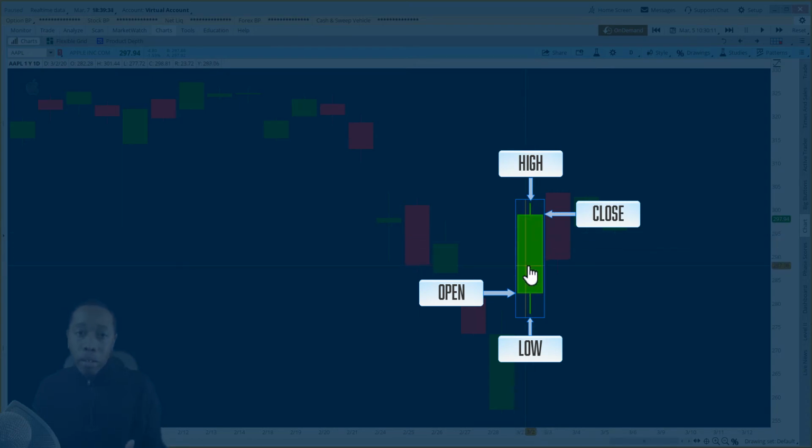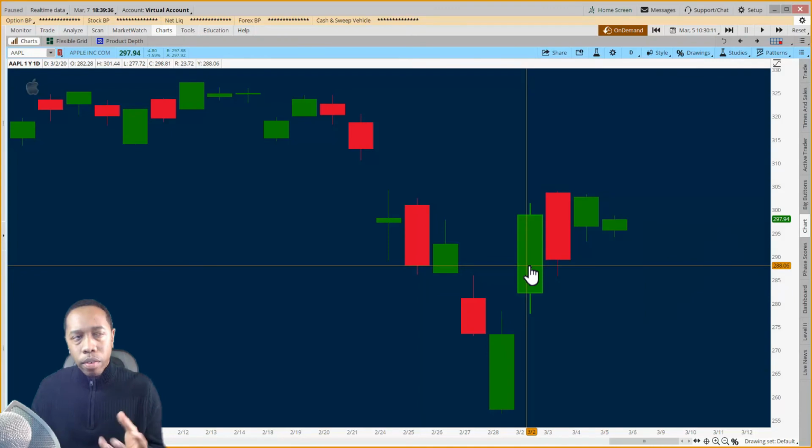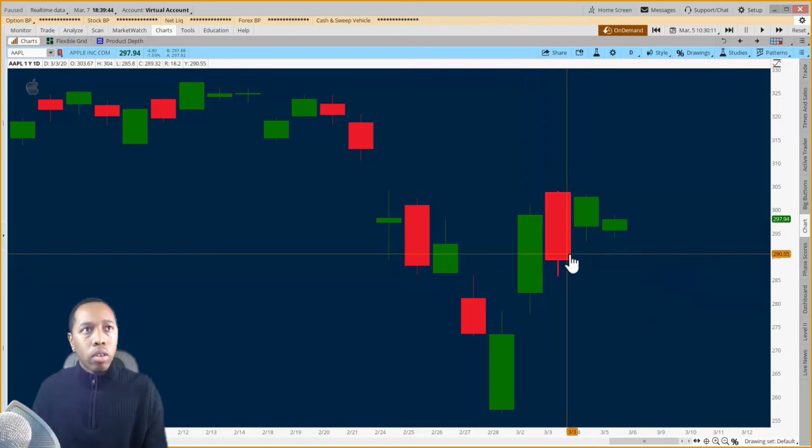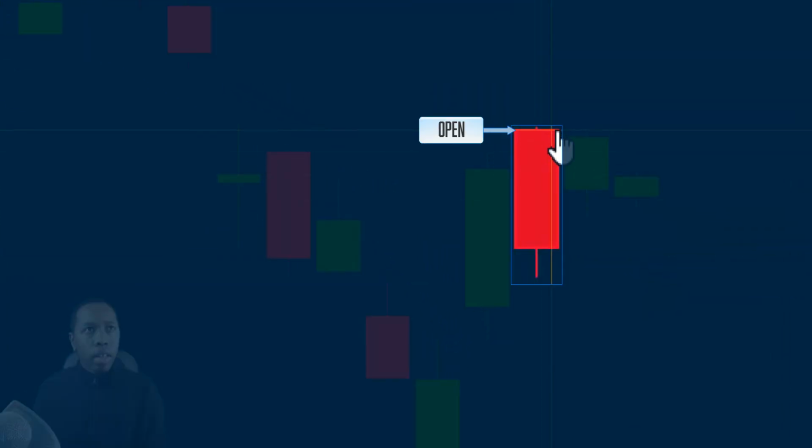On bearish candlesticks, it works a little differently. It works the opposite. Where the bullish candlesticks open is going to be the opposite on the bearish candlesticks. The bearish candlestick lets you know that this stock opened at the highest part of the body. It opened here, and then it went to its high right here at the top of the candlestick, a little peak right there.